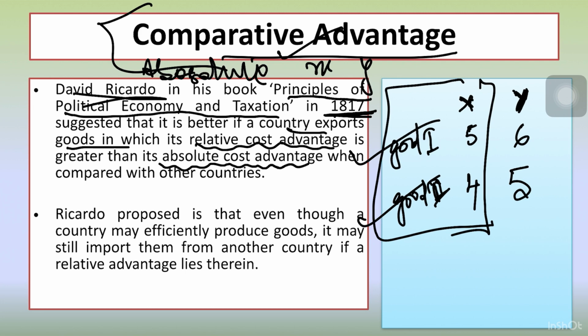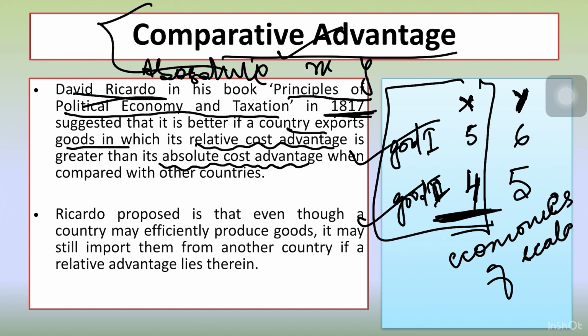However, if it focuses on producing good 2 only, it will be able to generate economies of scale. As the production increases, our cost decreases. This is what the economies of scale says.